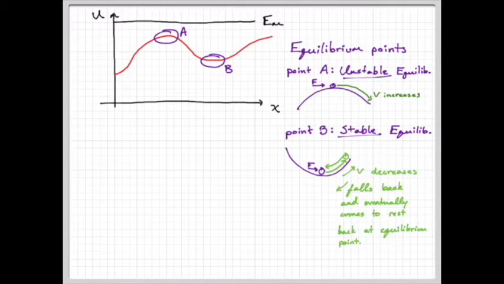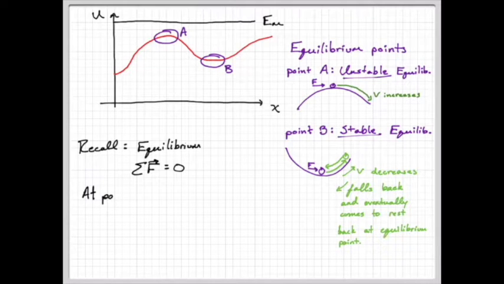Now let's remember what equilibrium actually means. Recall from before that when something was in equilibrium, that meant that all the net force acting on that object was 0. This means at points A and B, the net force is 0.